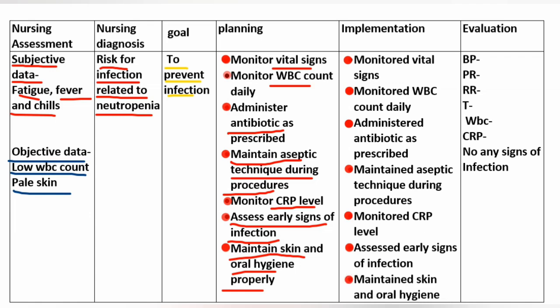Evaluation: blood pressure, pulse rate, respiratory rate, body temperature, WBC count, CRP count. No signs of infection.